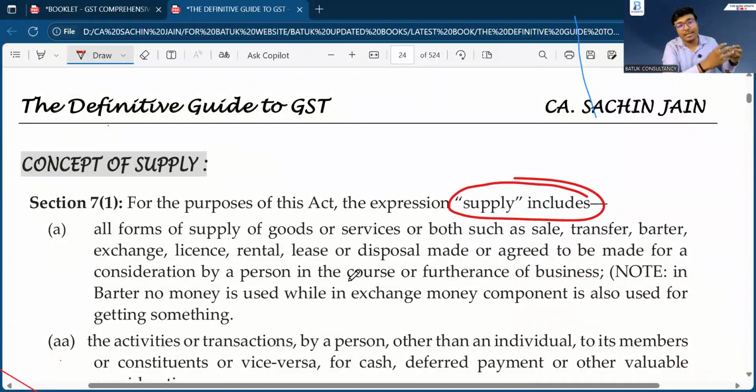If a transactional activity does not become supply, then there is no question of GST. So to implement GST on a particular transaction or activity, that activity or transaction should first qualify the definition of supply.